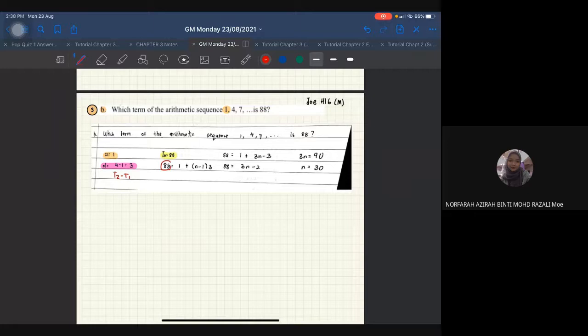Nak cari D ke? Nak cari Sn ke? Nak cari Tn ke? Nak cari n? Okay, so kalau awak tengok dekat situ dia kata which term. So maksudnya which term merujuk kepada n. Okay, so kita nak cari nilai n yang menjadikan kita punya sequence tu 88. Okay, so dapatlah jawapan akhir dia 30. So maksudnya pada term yang ke-30 kita punya nilai adalah 88. Okay?